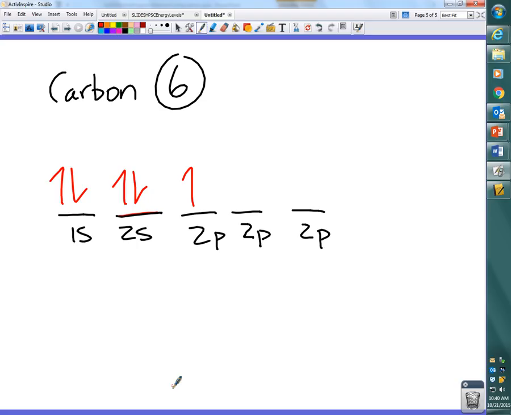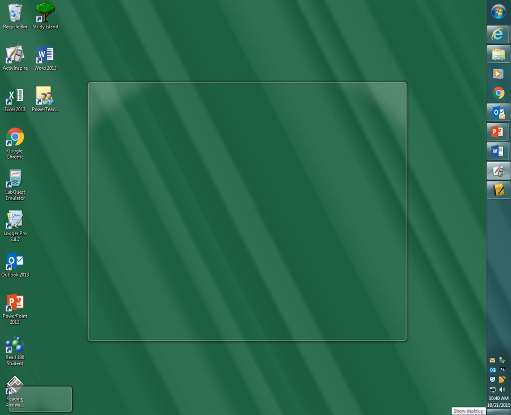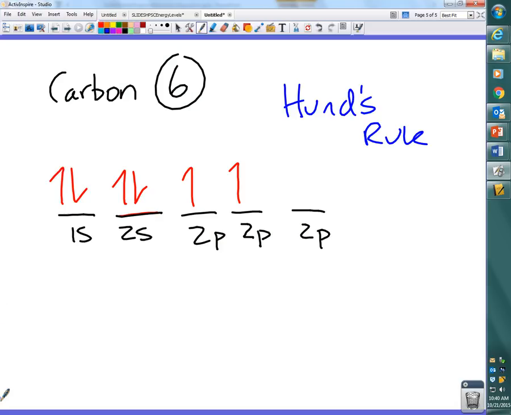No, it wants to stay away from it. Where will it go? A different one. Does it matter which one? No, but it's somewhere different. We refer to this as Hund's rule. So Hund's rule states that electrons are going to spread out as much as they can before they start pairing up.